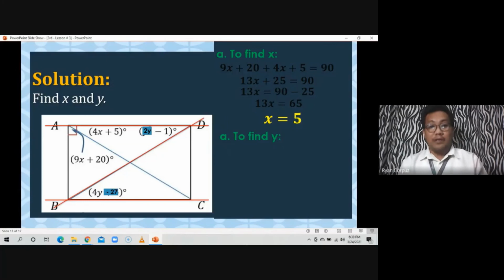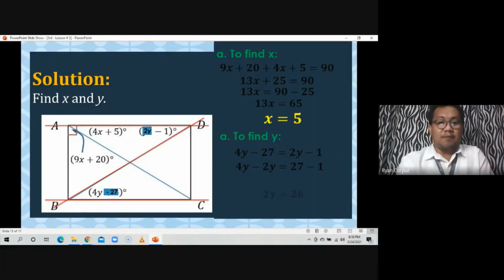By knowing that, we can solve for the value of y, simply by equating the two measures. So we come up with 4y minus 27 is equal to 2y minus 1. Then solve for y by moving 2y to the left and negative 27 to the right. We'll come up with 4y minus 2y is equal to 27 minus 1.